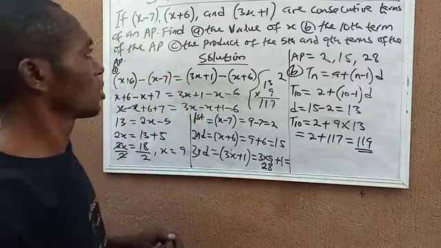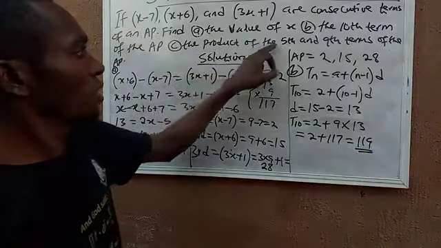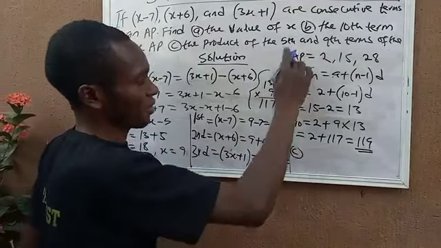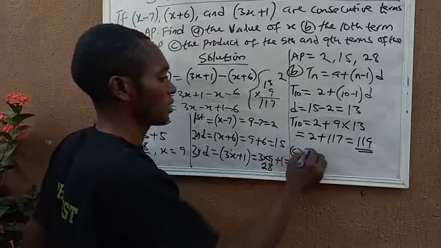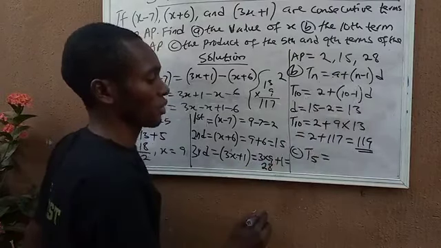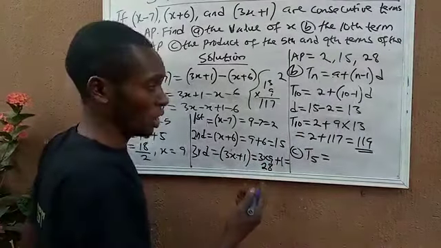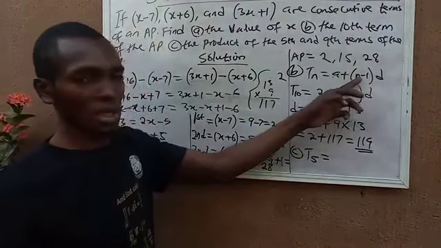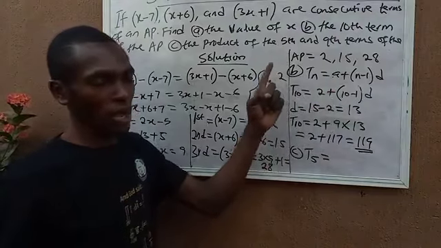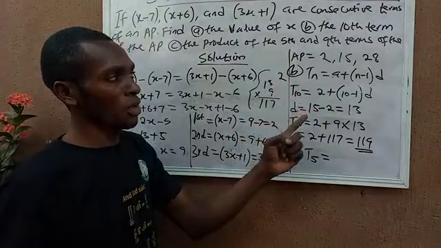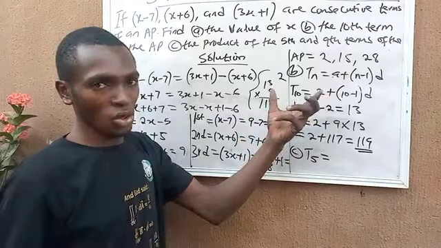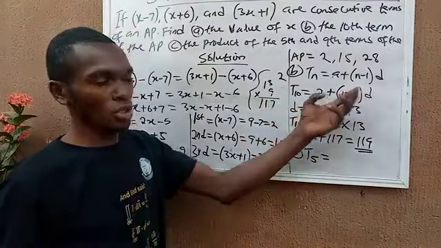Now the next thing is for C, the product of the 5th and 9th terms of the AP. For C, we have our 5th term, that's T5, equal to the same formula. Now there's also an easier way of doing it. If you observe, the term you are asked to look for is always reduced by 1.